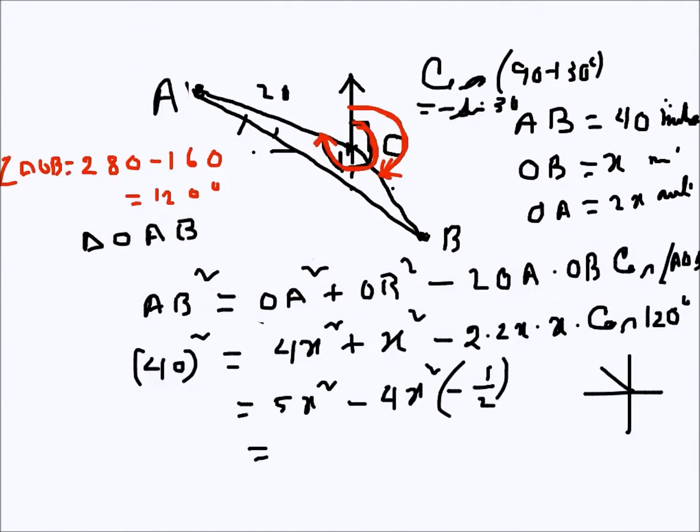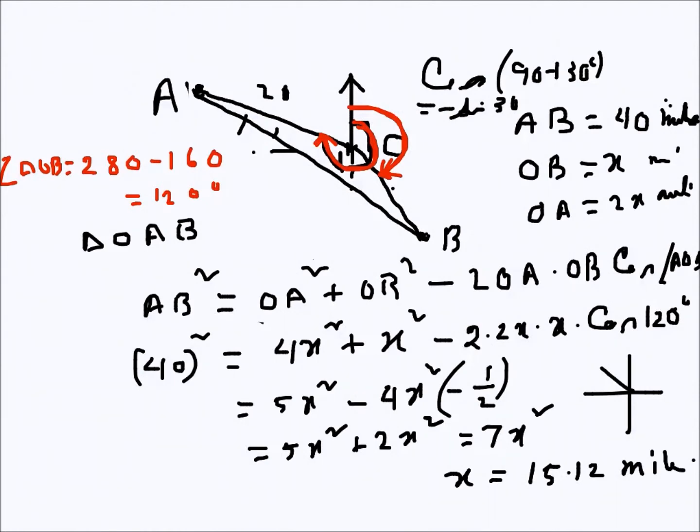So this one becomes 5x square plus 2x square, which is 7x square. So if I do the calculation, x becomes something like 15.12 miles.